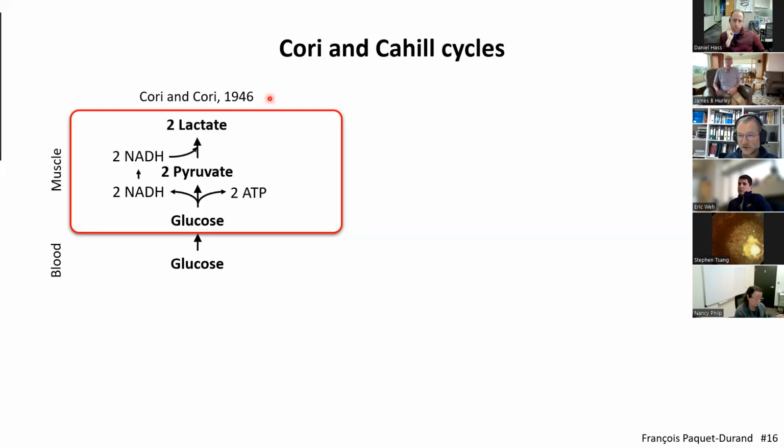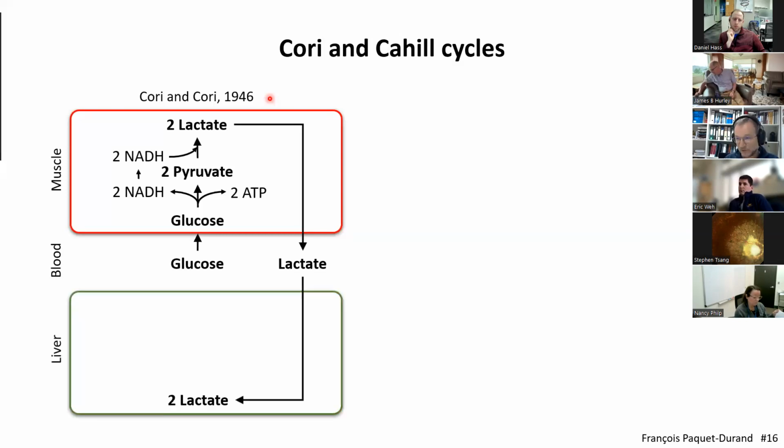The NADH is then used to reduce the pyruvate to lactate. The lactate is released to the bloodstream and then enters the liver, where it is used to create pyruvate, and then this pyruvate goes into gluconeogenesis, and the glucose is re-released into the bloodstream, closing the cycle.